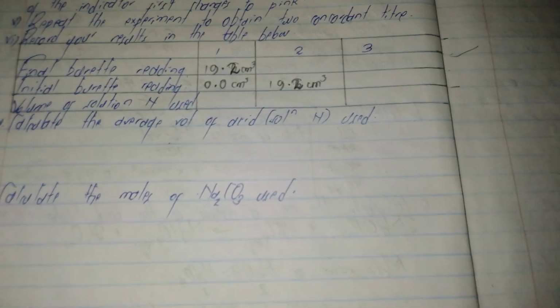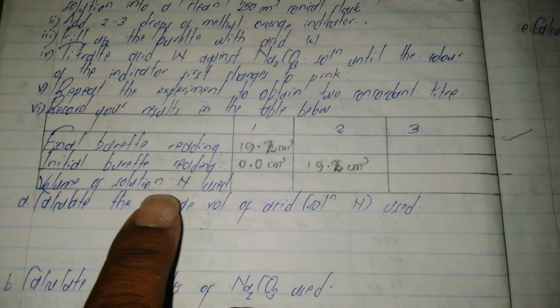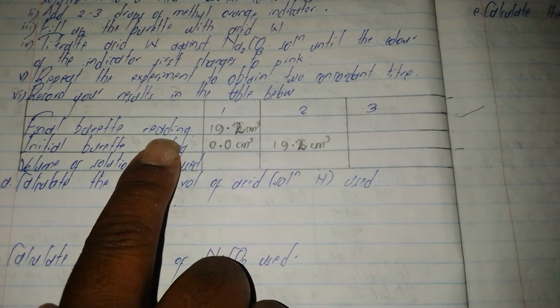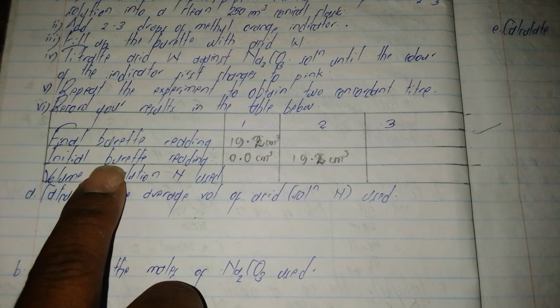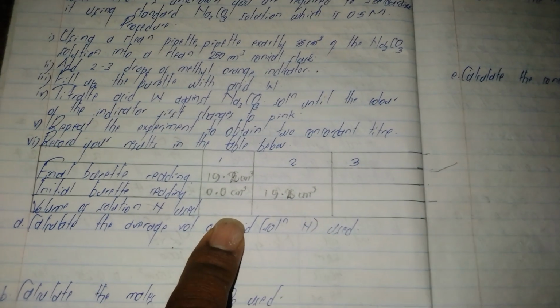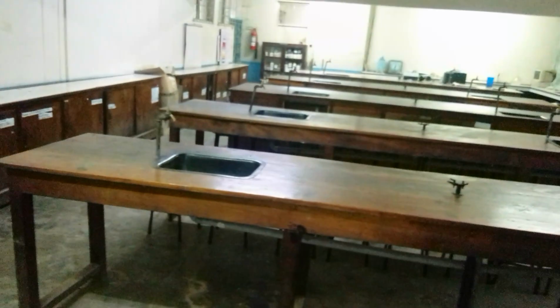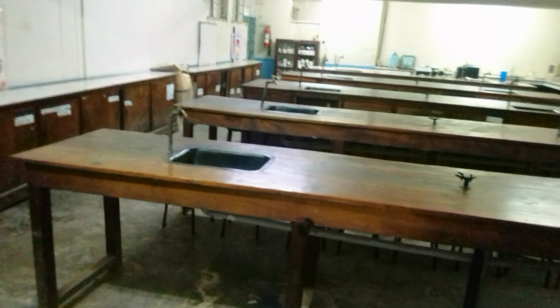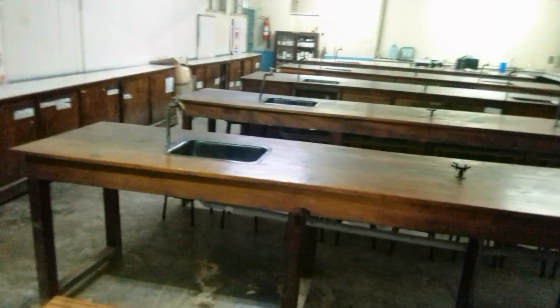So we record in our table: the final burette reading is 19.2, and the initial burette reading was 0.0. The final reading now becomes the initial burette reading, 19.2, in our next column, in our next titration. Let us continue with the same, and we are going to record our results in the table after we have finished.